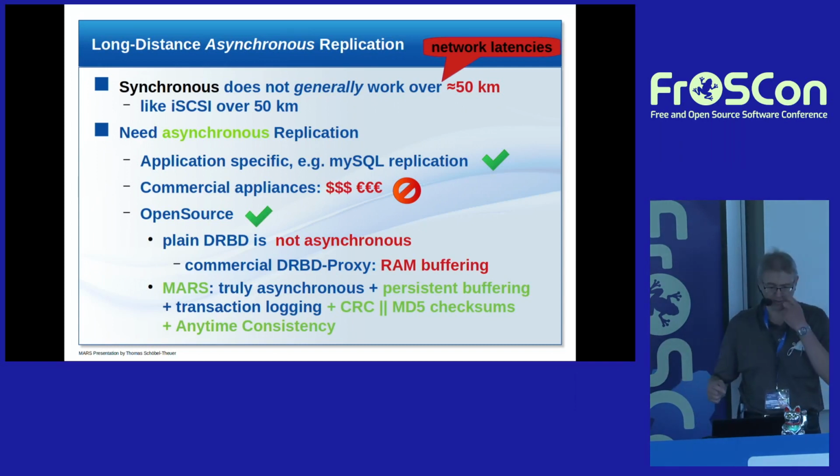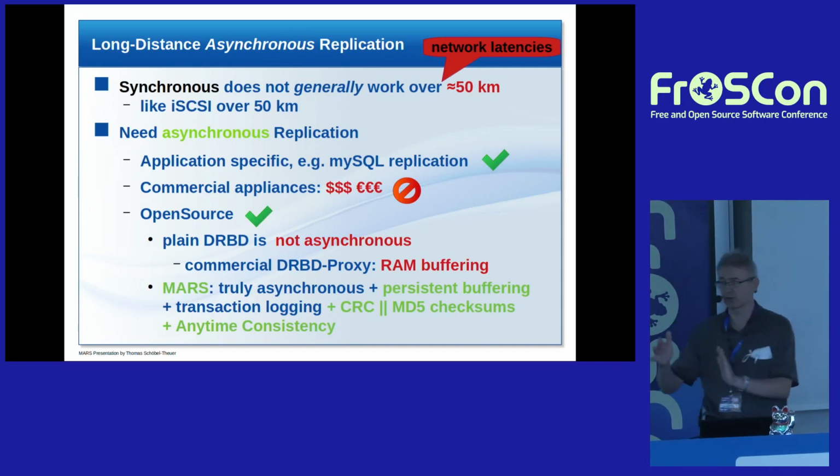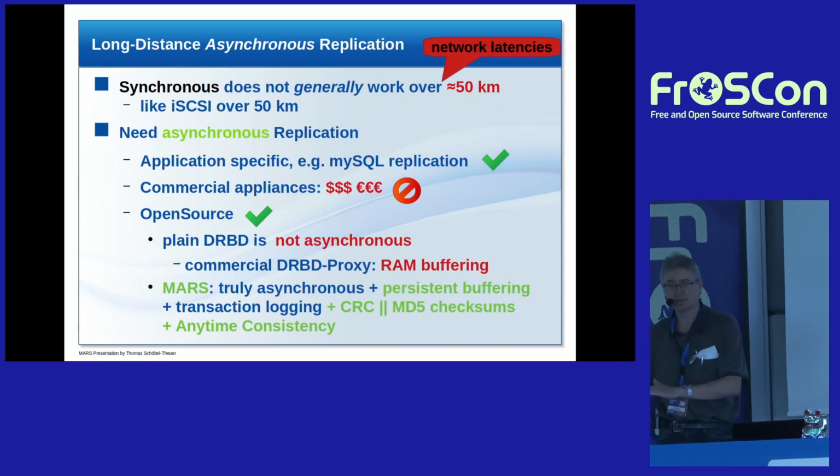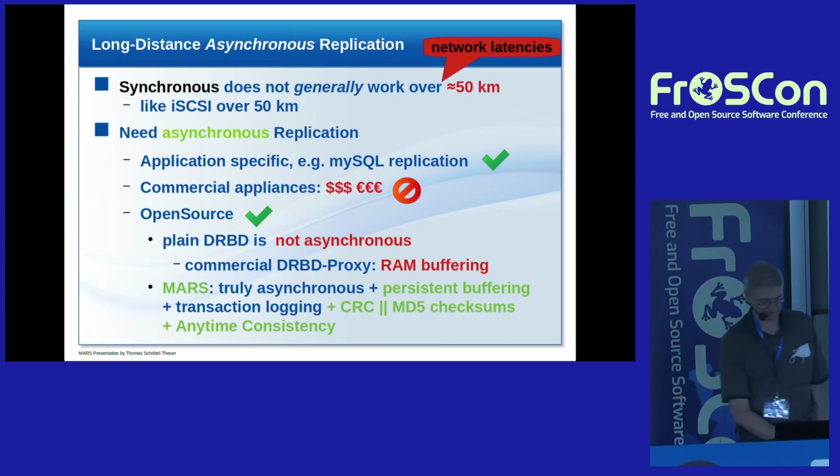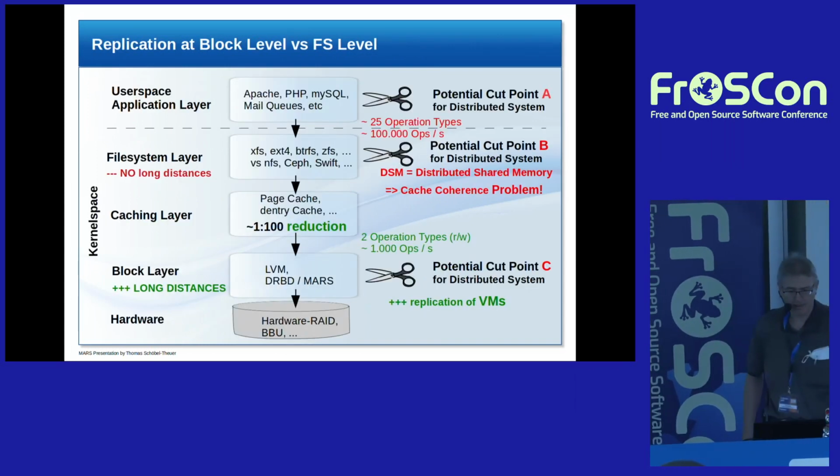And the important property is anytime consistency, which means if you have a delay from asynchronous replication, your mirror is always usable, in the sense that you had a power loss at a certain point of real time, but of course it may be a little bit delayed for whatever reason, like network outages and so on. This is the basic idea.